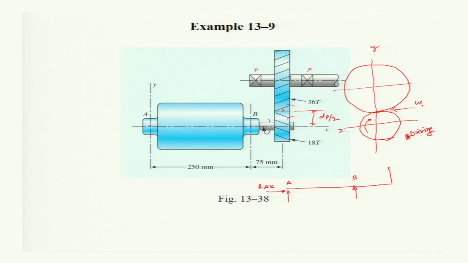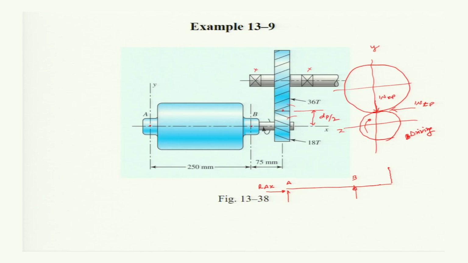Wt on the pinion will act in this direction, and the radial load on the pinion will act towards its center. So, Wr of the pinion will act in this way, and the axial force will act as per the hand of the gear.